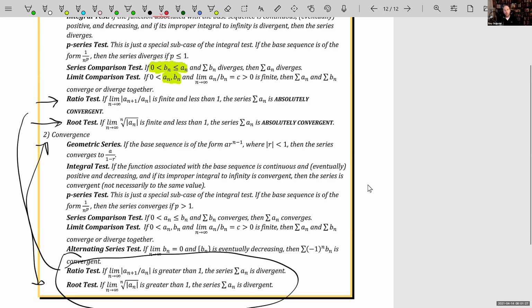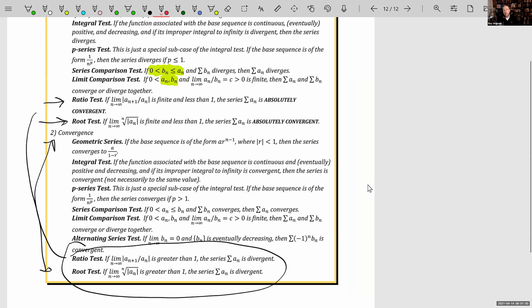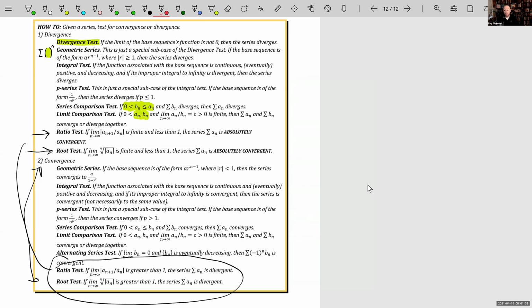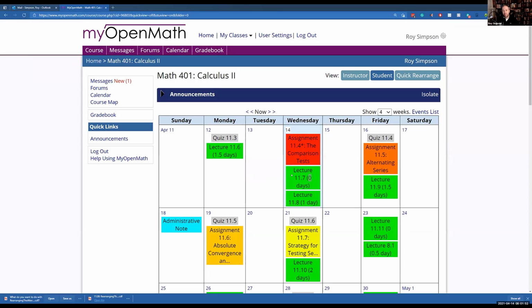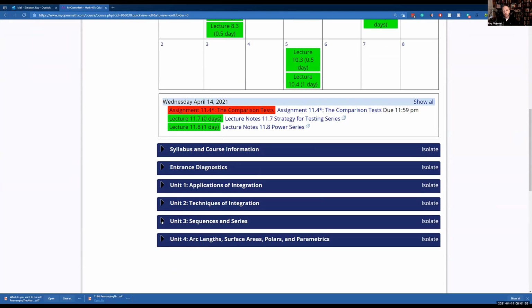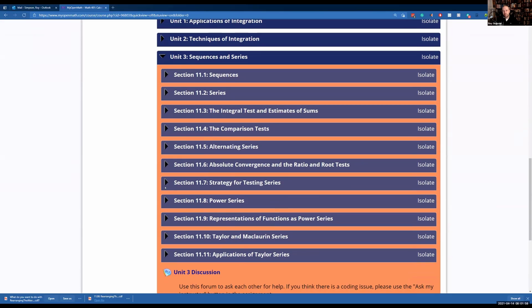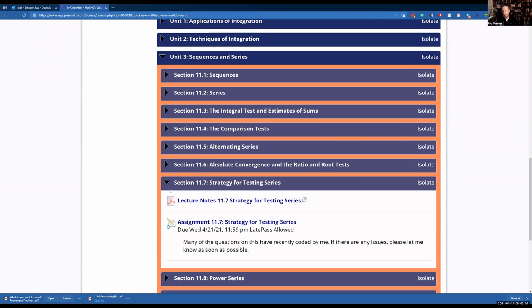So the notes online are better than this last page of notes. If you look at the notes online, it has all the tests, when to use them, and that type of thing. And also, let me go ahead and share my desktop screen. Okay, so here's our MyOpenMath site. If you go down into the Unit 3 material, down to section 11.7, you'll see the lecture notes there, even though I'm not lecturing on 11.7.